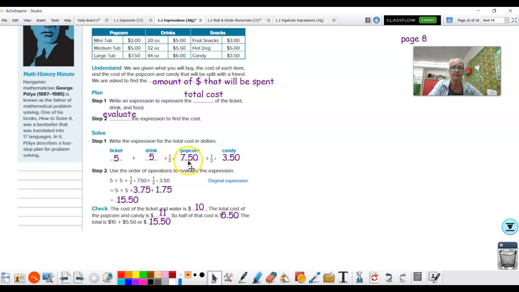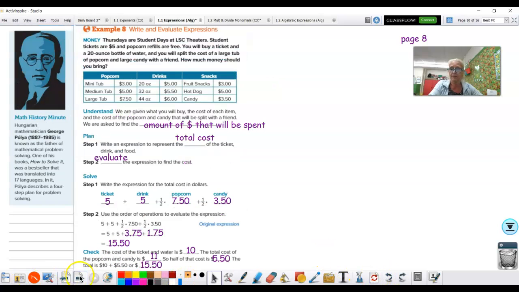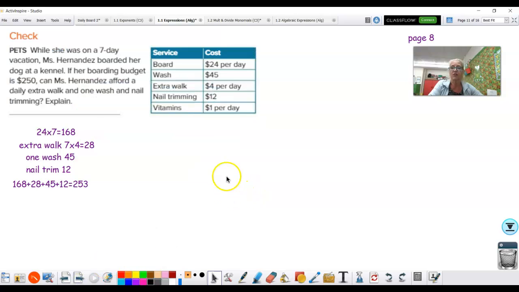Okay. So 1/2 times the cost of a large popcorn. And half of a large candy, 1/2 of the cost of a large candy. Using the order of operations, we solve this and we find out that it will cost us $15.50 to go to the theater.